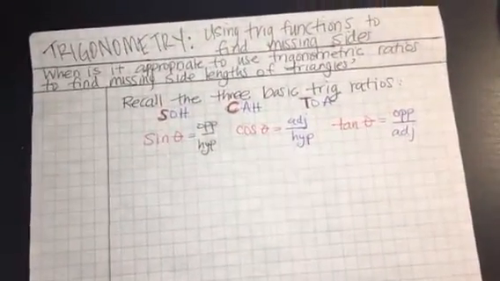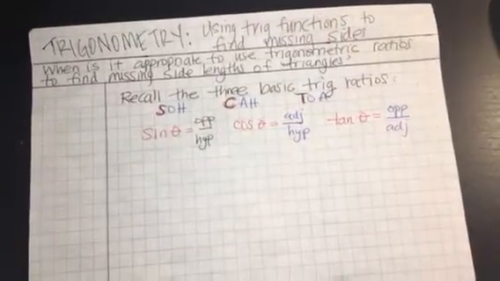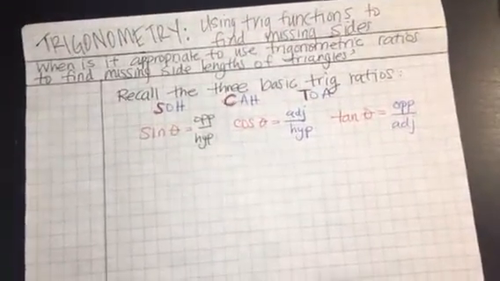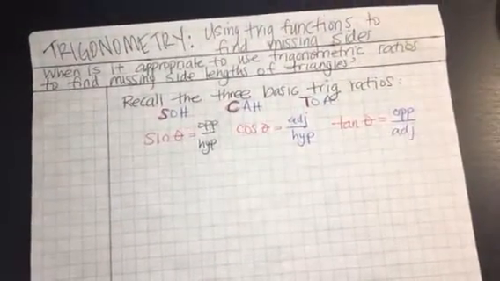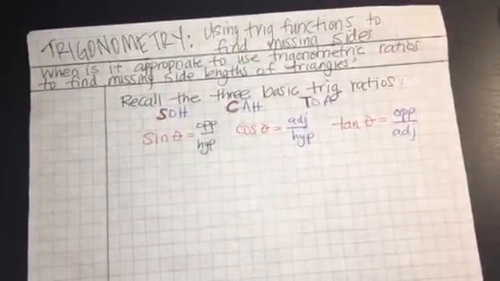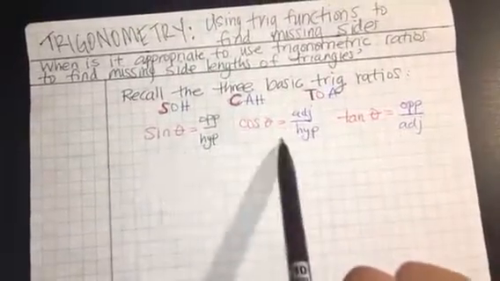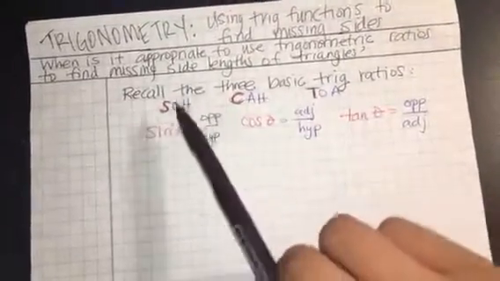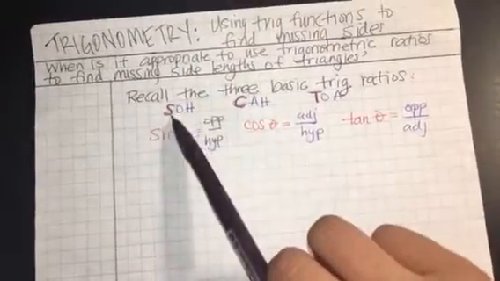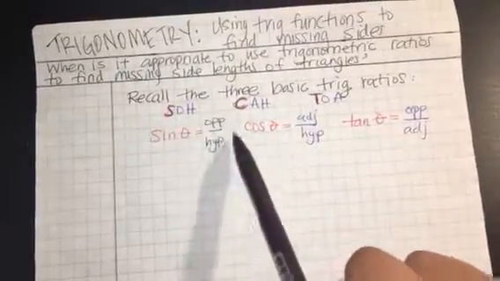Our LEQ: when is it appropriate to use trigonometric ratios to find missing side lengths of triangles? So recall the three basic trig ratios. Again, you've already seen these at this point. If you are doing this assignment, you should know this, right? That's SOHCAHTOA. Sine is opposite over hypotenuse.